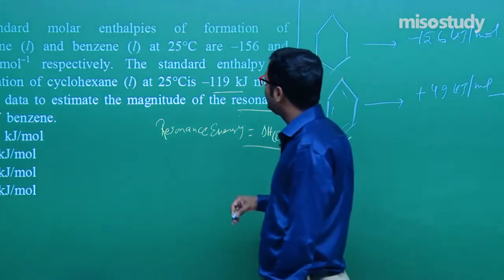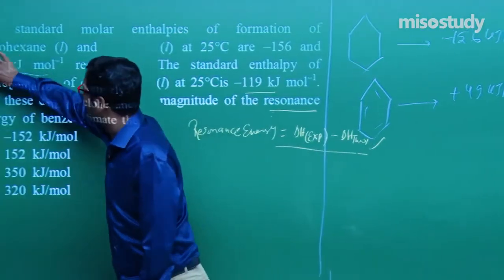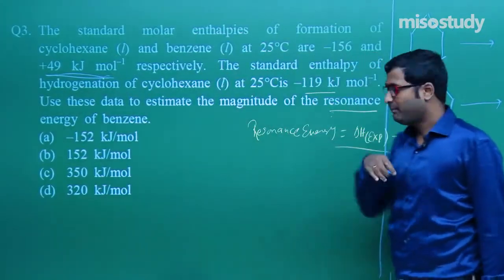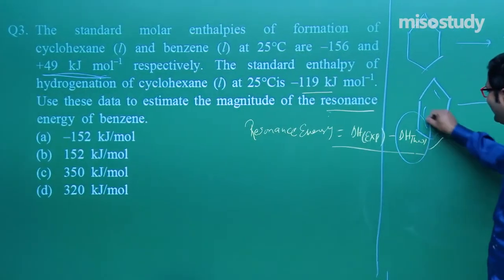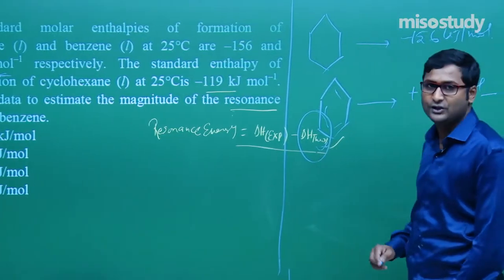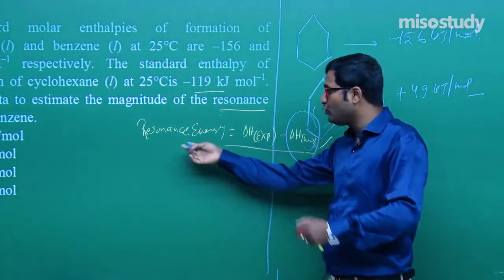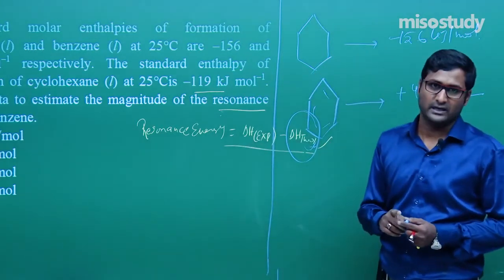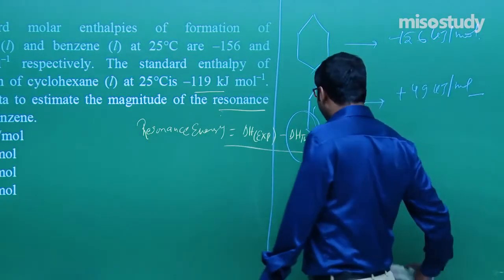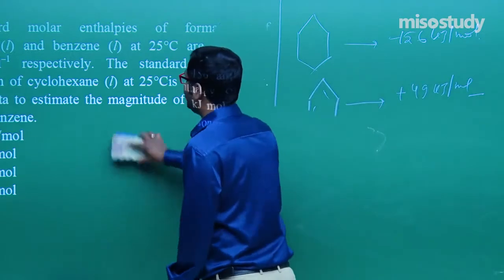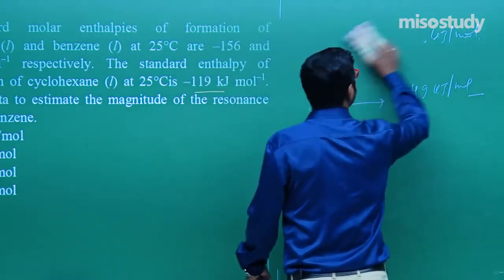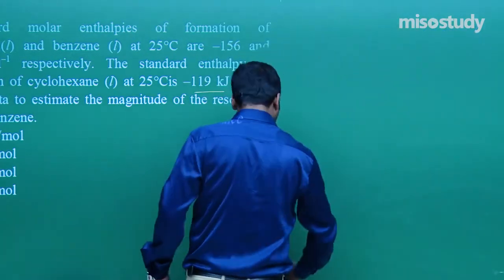As per the question, the experimental value given is 49, but here we have to find the delta H theoretical value for benzene. If you get this value, then after subtracting these two, we get the resonance energy. Now, how to find the theoretical value of delta H? Let's try.